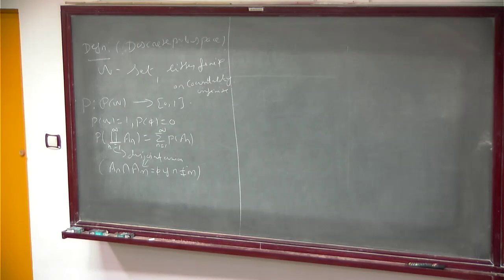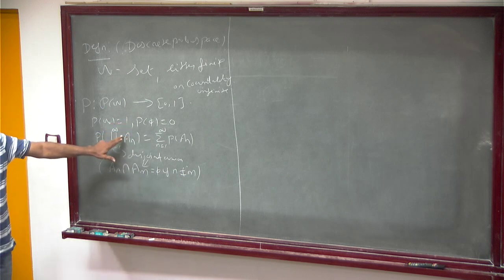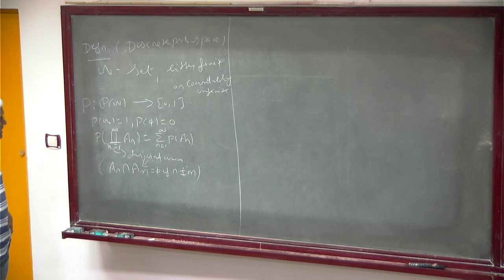So it's additive over disjoint unions. This is what is called a probability function. Of course, you can take some of them to be the empty set, which gives finite additivity also. That is included in this statement.